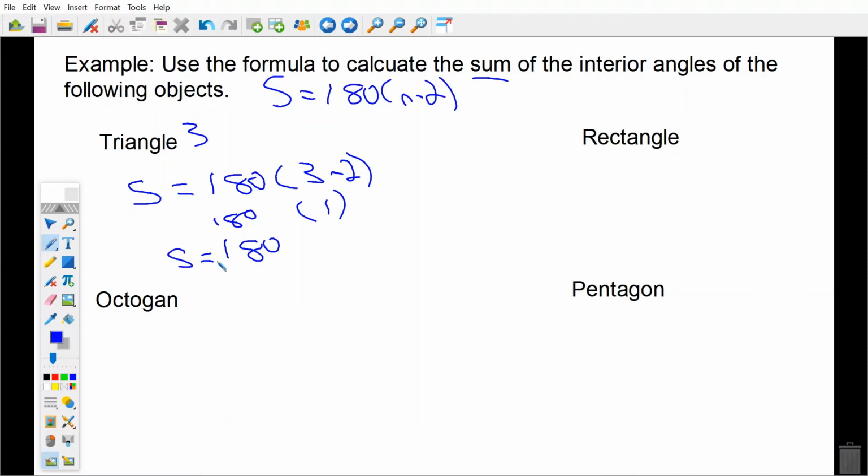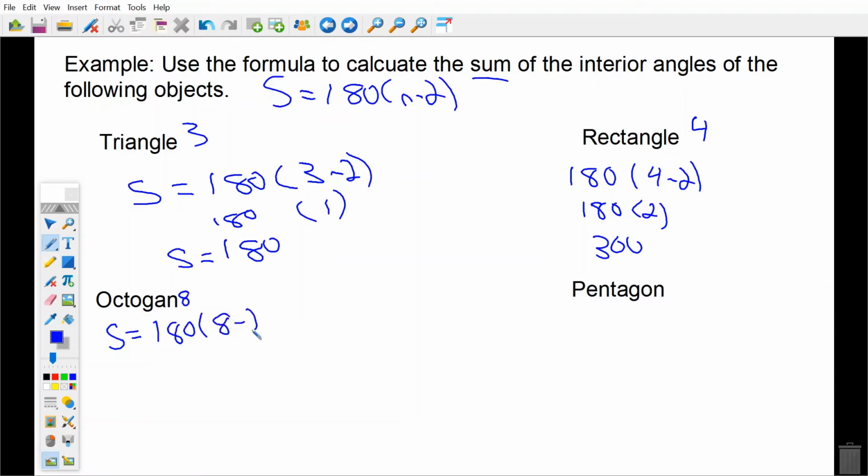Okay, a rectangle has four sides. This will be 180 times (4 minus 2). 180 times 2 will be 360. An octagon has 8 sides. So that'll be 180 times (8 minus 2). 8 minus 2 is obviously 6. 180 times 6 is 1080.